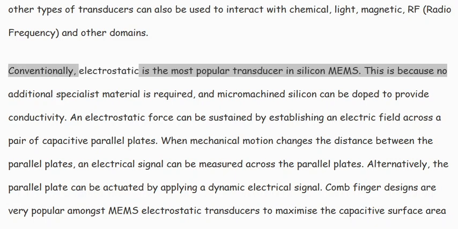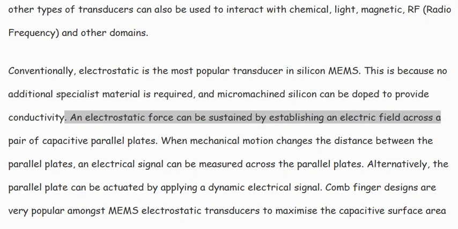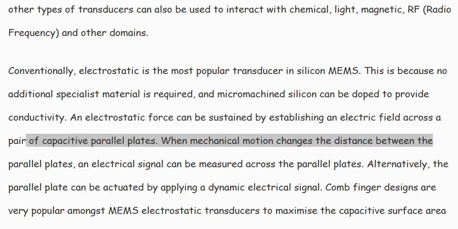Conventionally, electrostatic is the most popular transducer in silicon MEMS. This is because no additional specialist material is required and micromachined silicon can be doped to provide conductivity. An electrostatic force can be sustained by establishing an electric field across a pair of capacitive parallel plates.